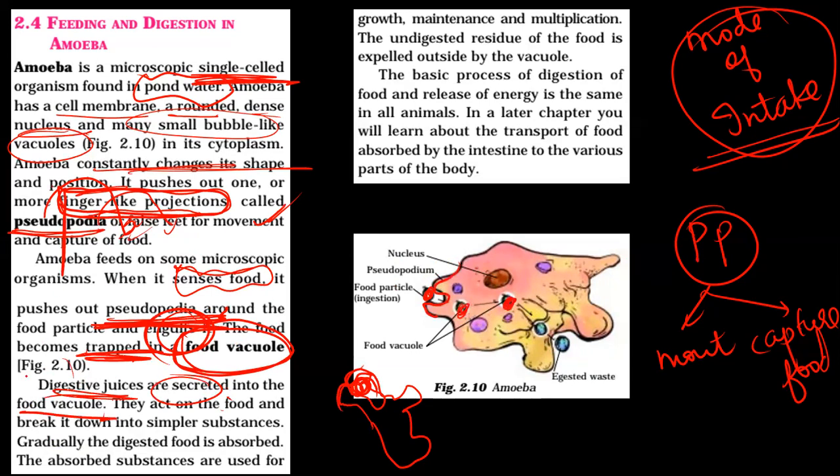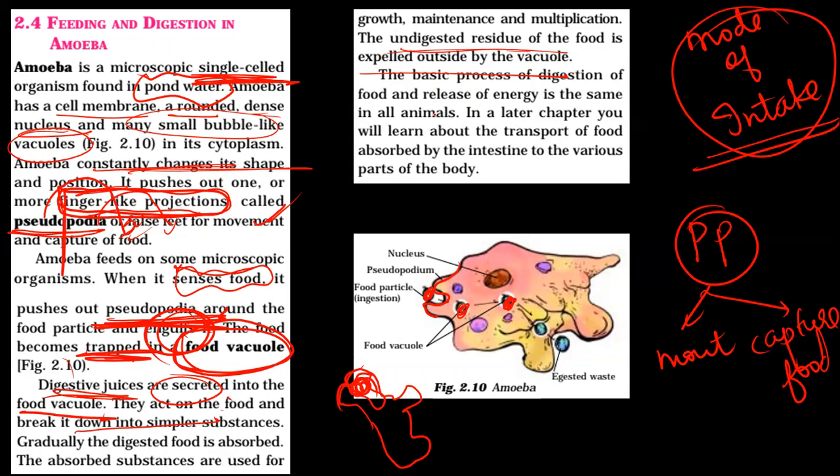So yes, it's broken down into simpler substances. Then gradually this is absorbed and utilized. So ingestion, digestion, absorption, assimilation, and egestion also happen. The undigested residue is expelled out. So these 5 processes are key, and they happen in almost every organism which wants to acquire nutrition.